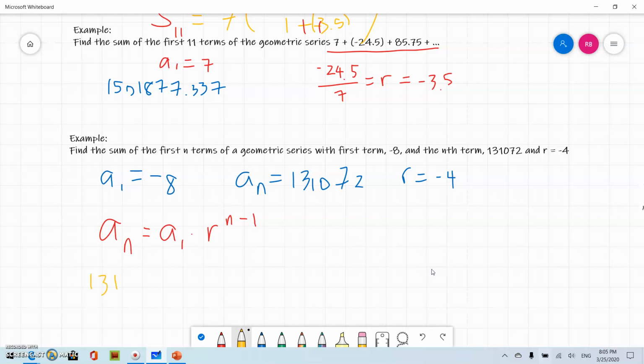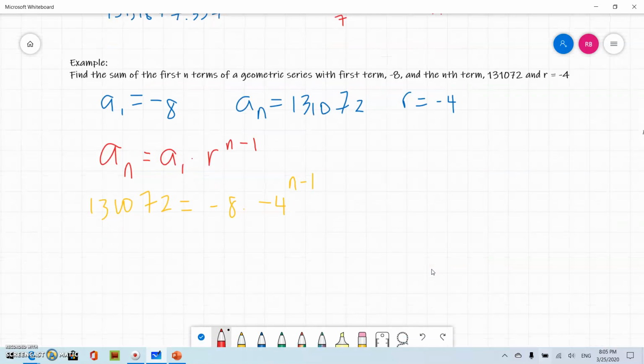So let's plug in all the numbers that we know. 131072 is equal to negative 8 times negative 4 to the n minus 1 power. So let's isolate n by dividing each side by negative 8 first. Okay, and then I get negative 16384 is equal to negative 4 to the n minus 1 power.